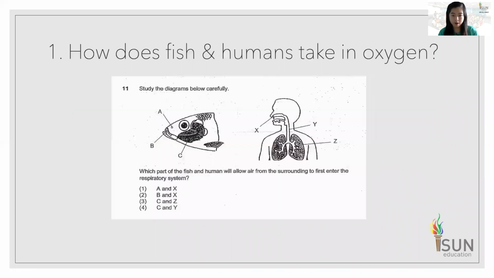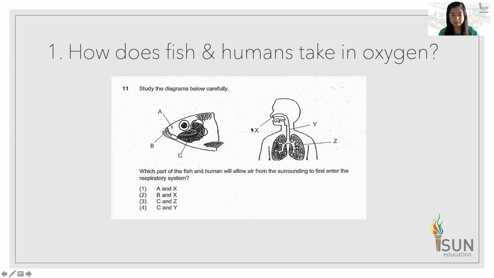Number 1 is, how do fish and humans take in oxygen? For humans, I think it's pretty obvious that we take in oxygen through our nose, right? How about fish? Let's look at this question. Which part of the fish and human will allow air from the surrounding to first enter the respiratory system?